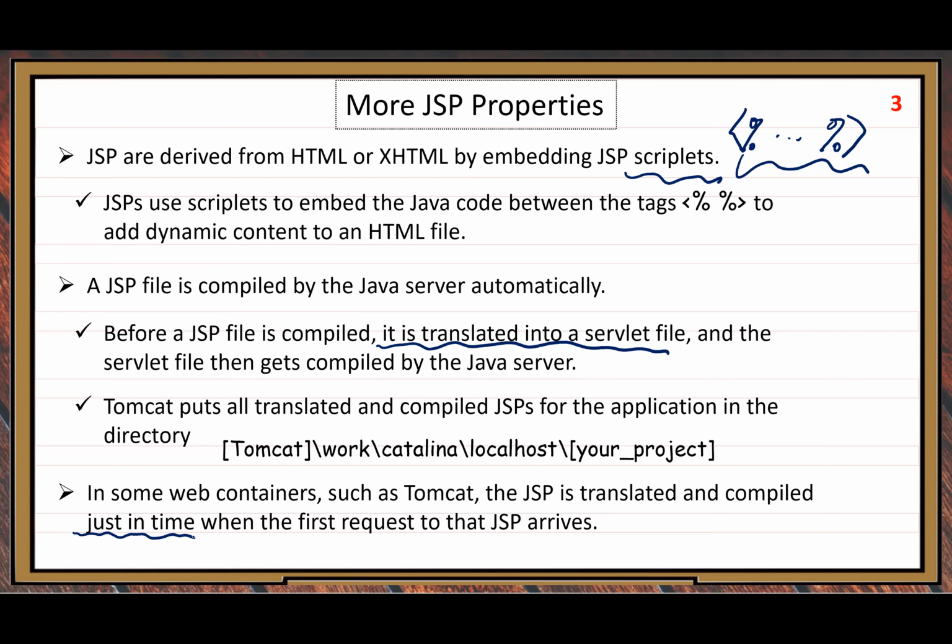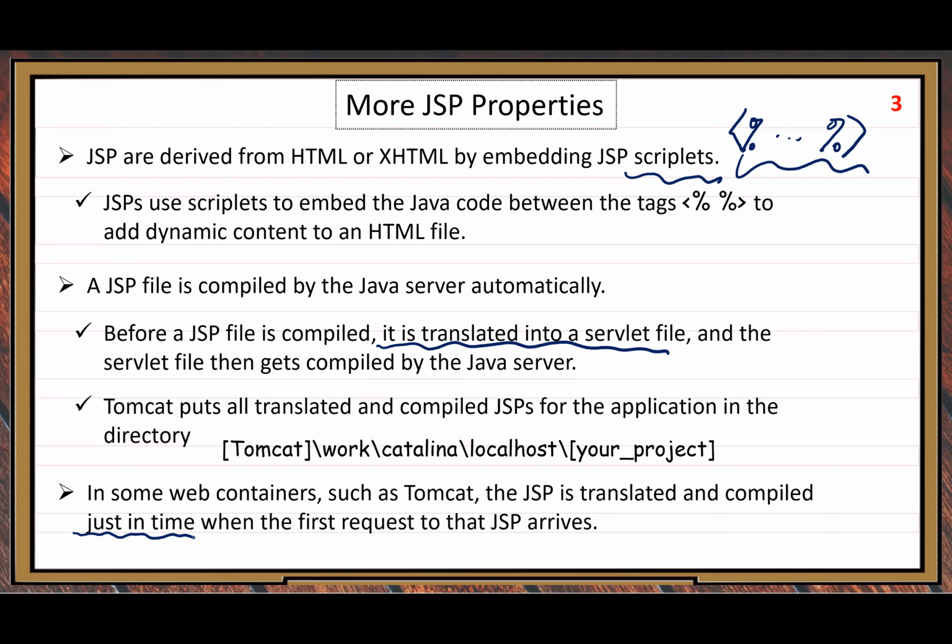So what is that just in time? When the first request to that JSP arrives, when the first user accesses that particular JSP, it gets translated first, compiled next, then provides the service after that.